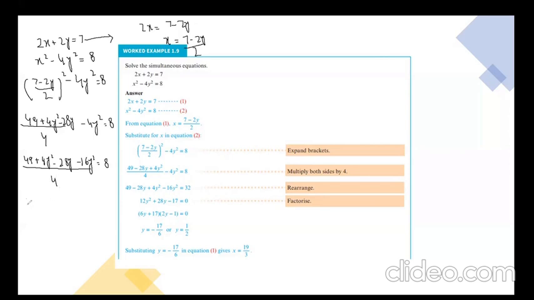So this must be 49 plus 4y square minus 28y minus 16y square equals 32.